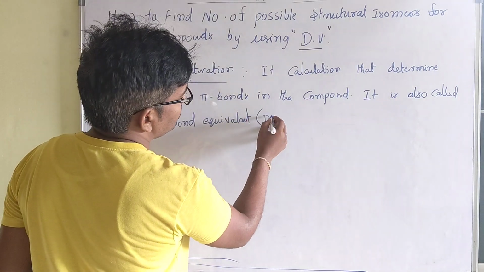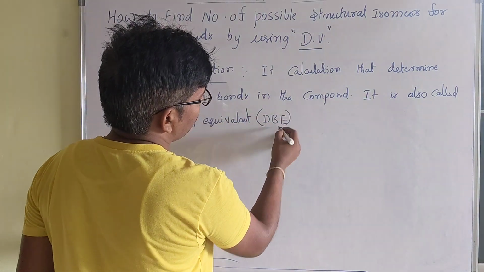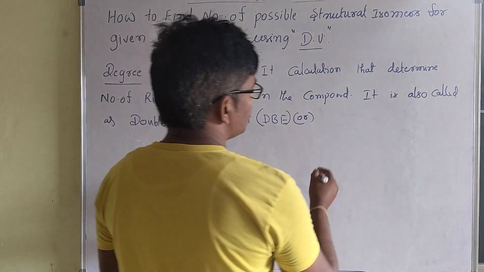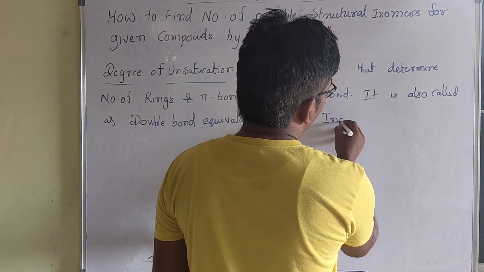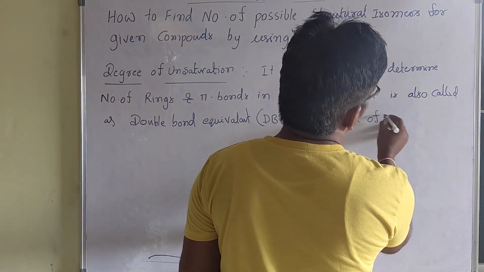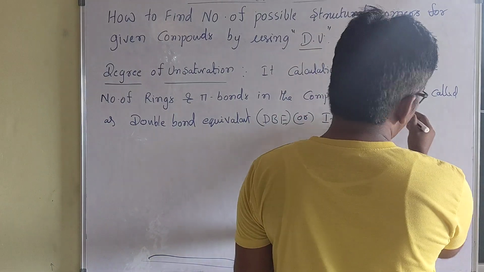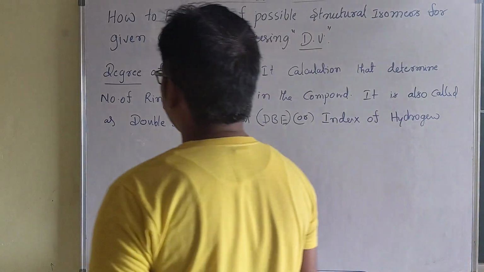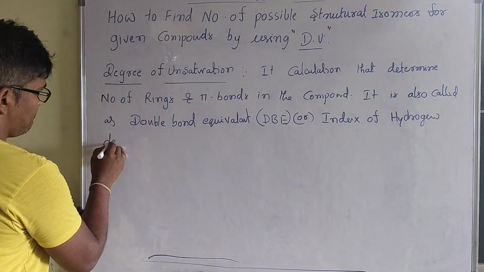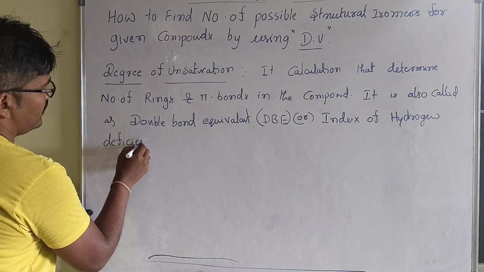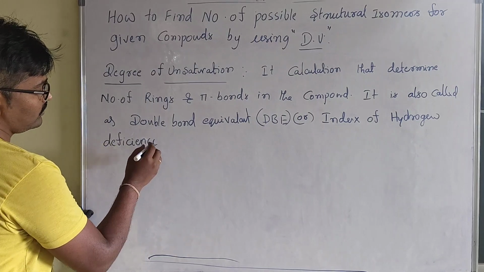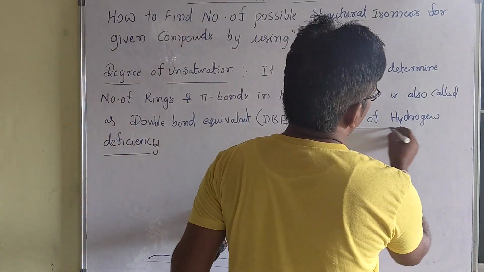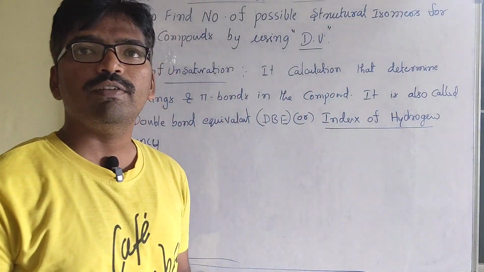Simply we call it DBE, double bond equivalence, or one more name is there, that is index of hydrogen deficiency. This is what we are calling degree of unsaturation.